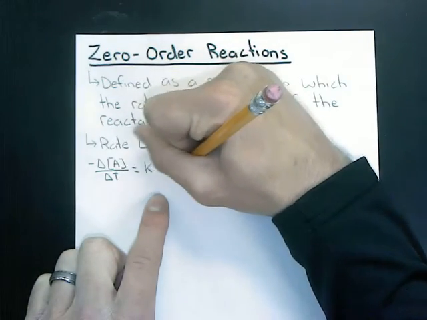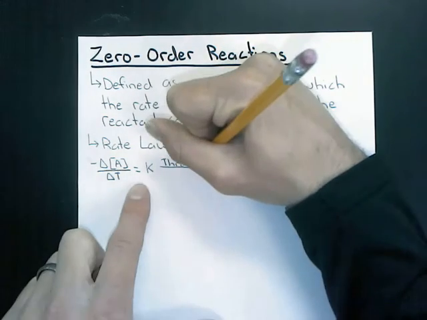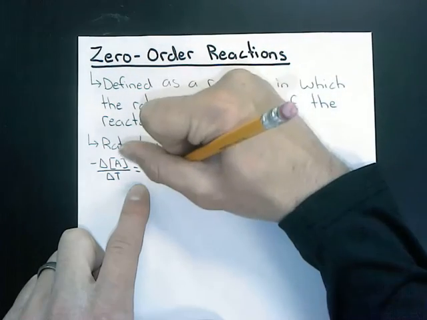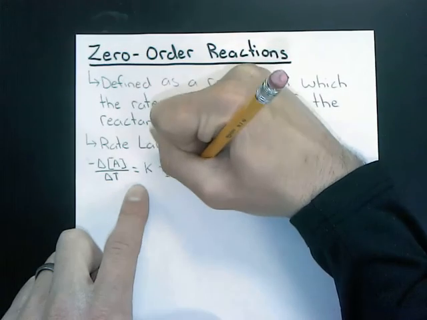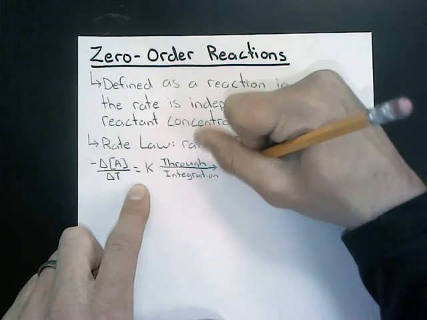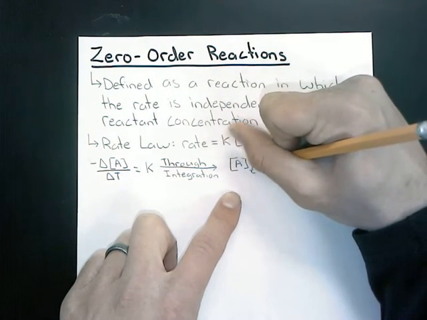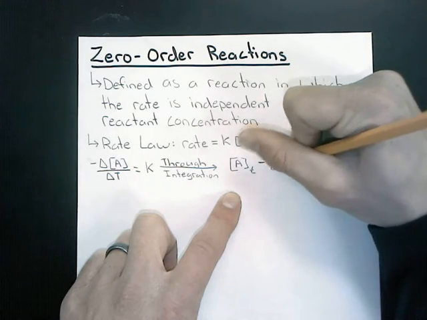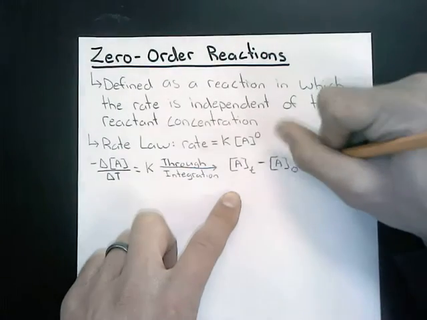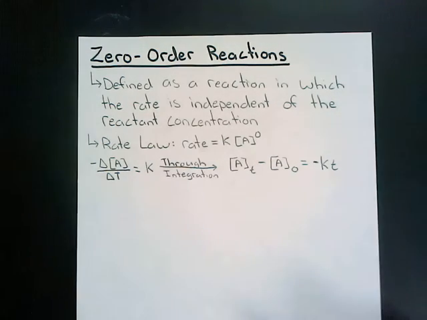Now, through that mathematical process called integration, if we manipulate this formula, we can get a rearranged formula as follows. The concentration of the reactant at some specific time t minus the initial concentration of that same reactant is equal to negative kt. Now we can rearrange this and obtain our integrated rate law.